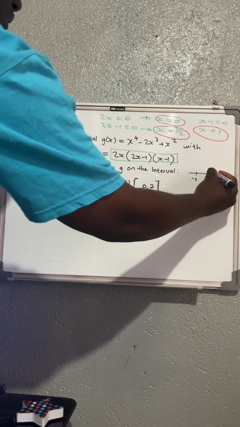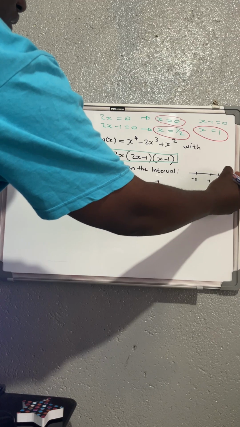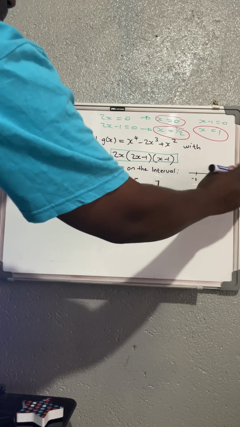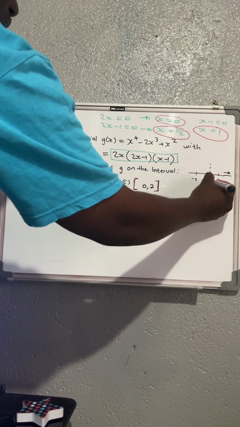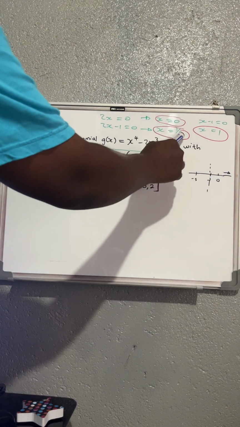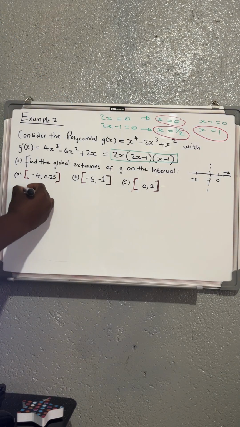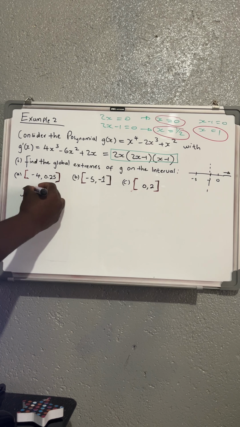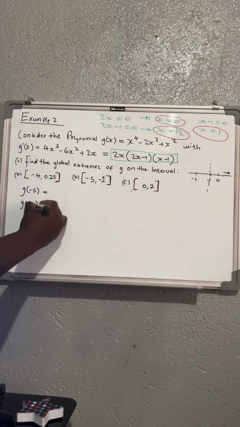We have -5, we have -1, we have 0, then we have the other numbers on that side, 0.5 and 1. So it means we're only going to work with g of -5 and g of -1.